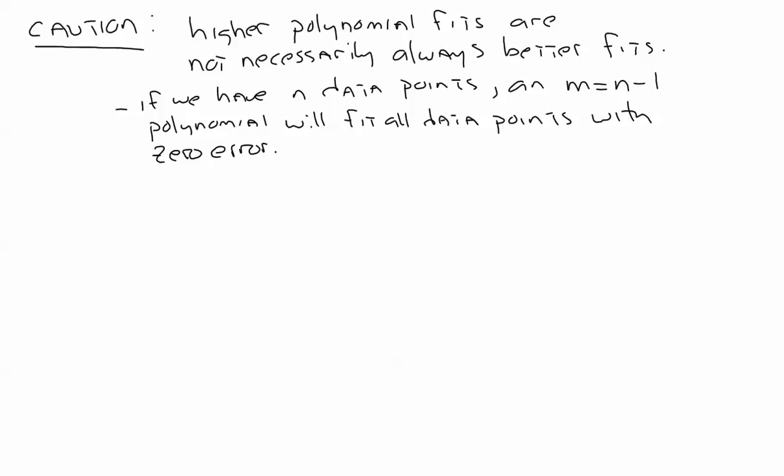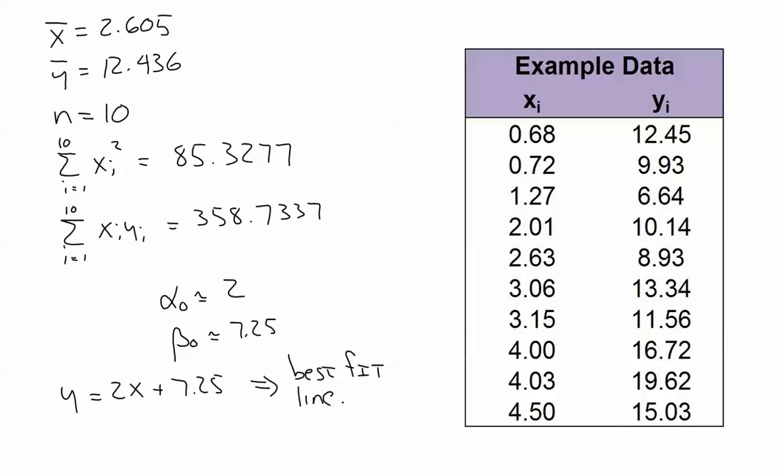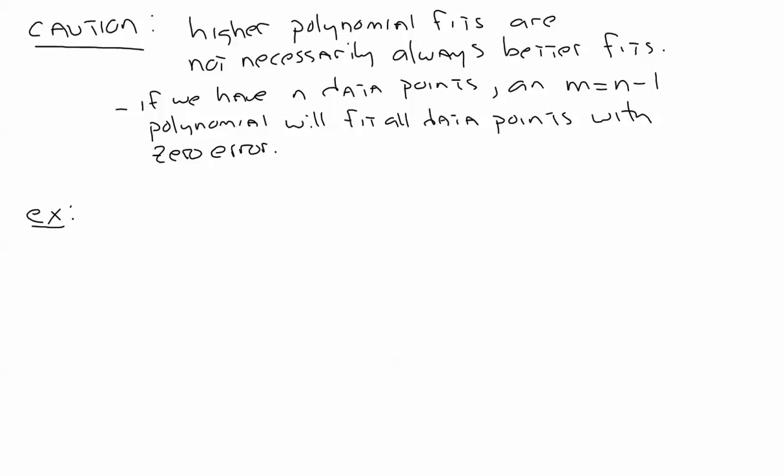As a preliminary example, let's talk about this. Our earlier data set, way back up there, has 10 values. So let's assume we have n equals 10 data points, and m equals 9, a ninth order polynomial.